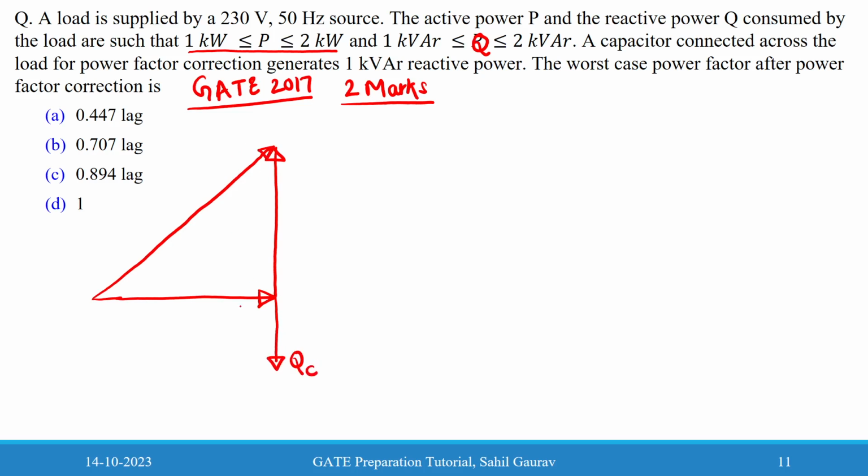P is active power, Q is reactive power, and this is apparent power. In this question, it is asked for the worst power factor.